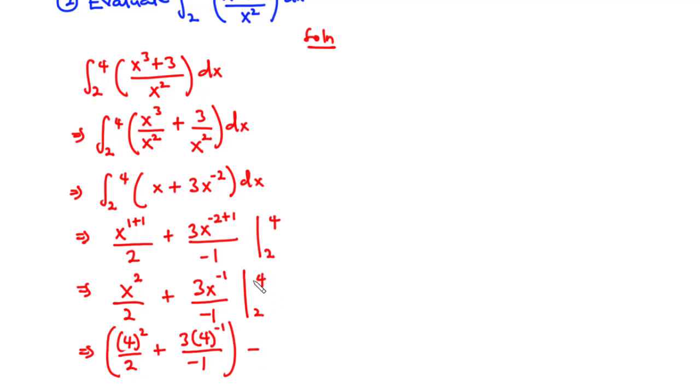Now because 4 is the upper limit, we substitute 4 into the expression minus, then we can substitute the value of 2 into the expression. So we have this expression minus, now we are going to substitute the value of 2. So we have 2 squared over 2 plus 3 times 2 exponent negative 1 all over negative 1.